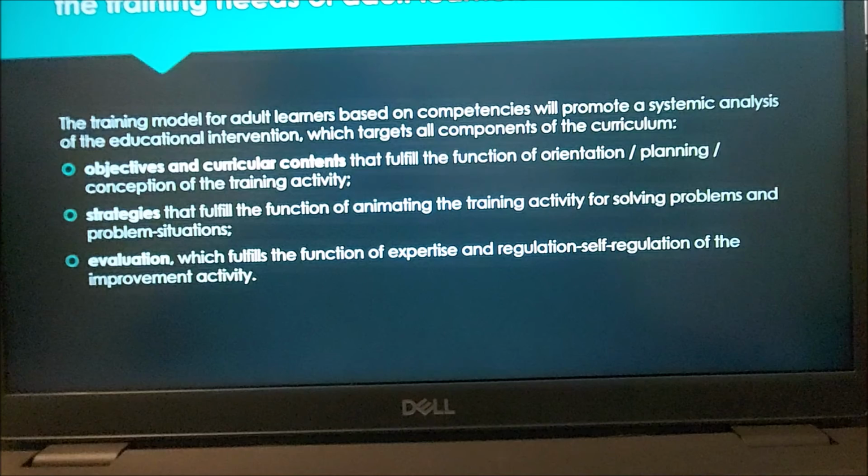The starting point in the development of the model is the consideration that adult education materializes in practice through the dimensions analyzed: epistemological, which includes all current concepts and approaches in this field; anthropological and professional, in order to highlight the importance of adapting to the dynamic requirements of the labor market.